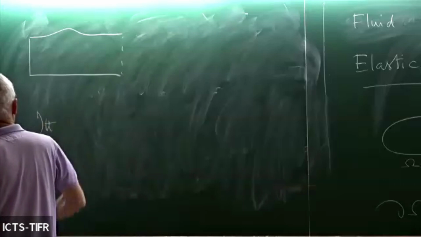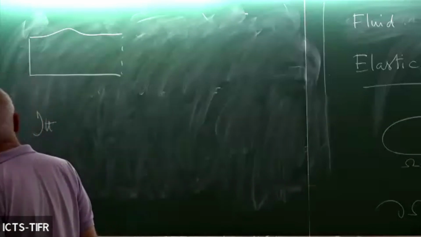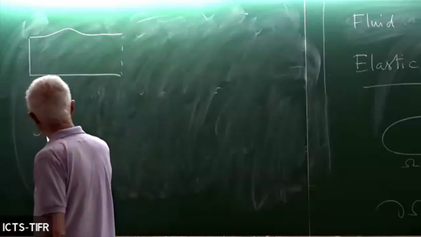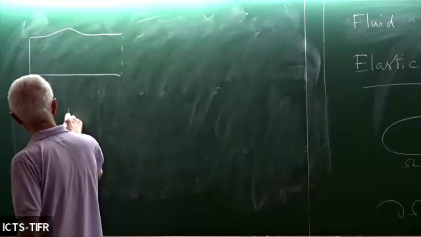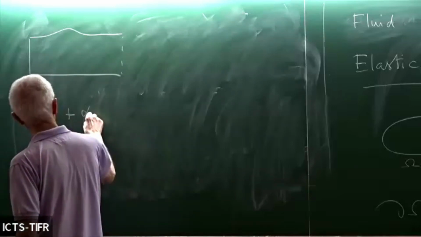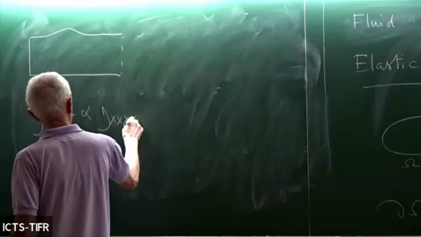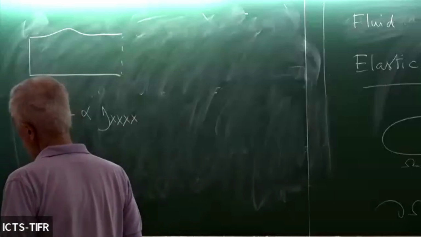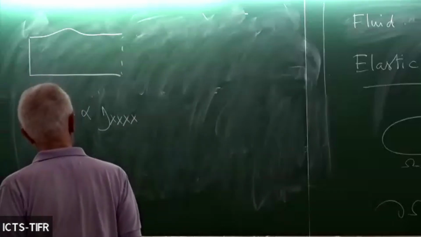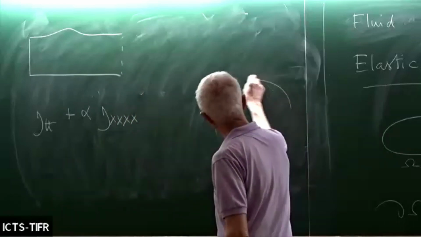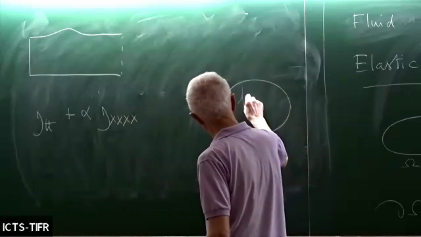is a second order in time equation for the displacement given by eta, the second derivative of eta with respect to time, plus the fourth derivative with respect to x, equal to, okay, this is the force of the fluid.